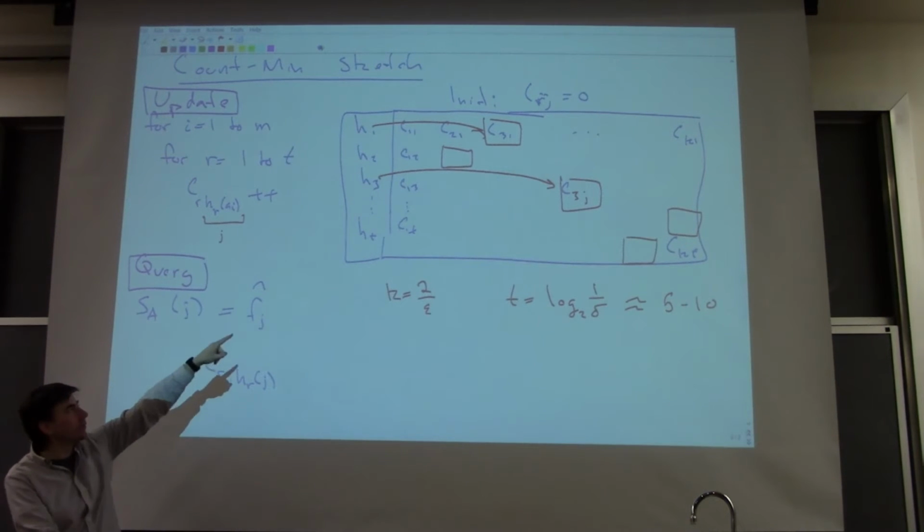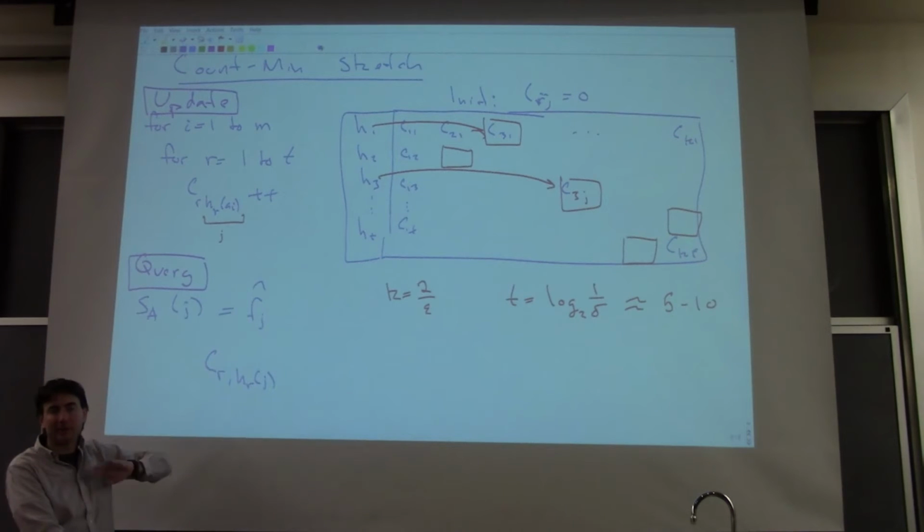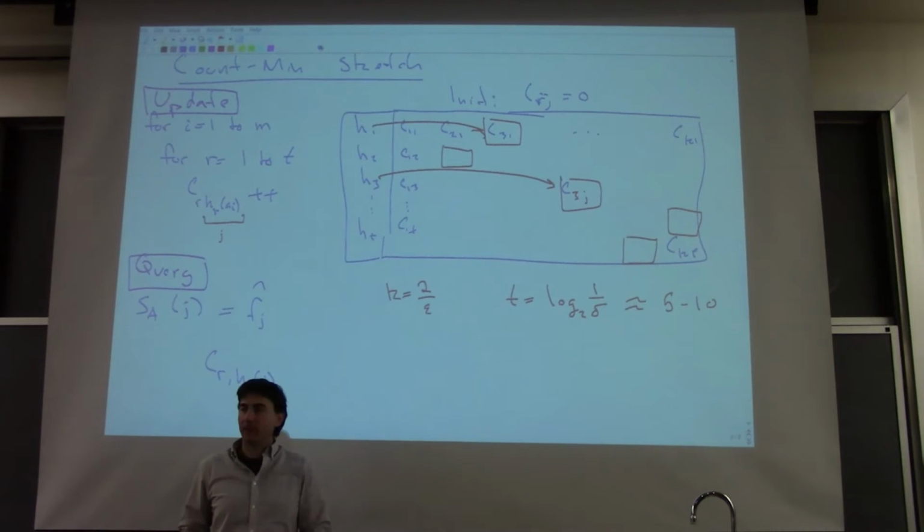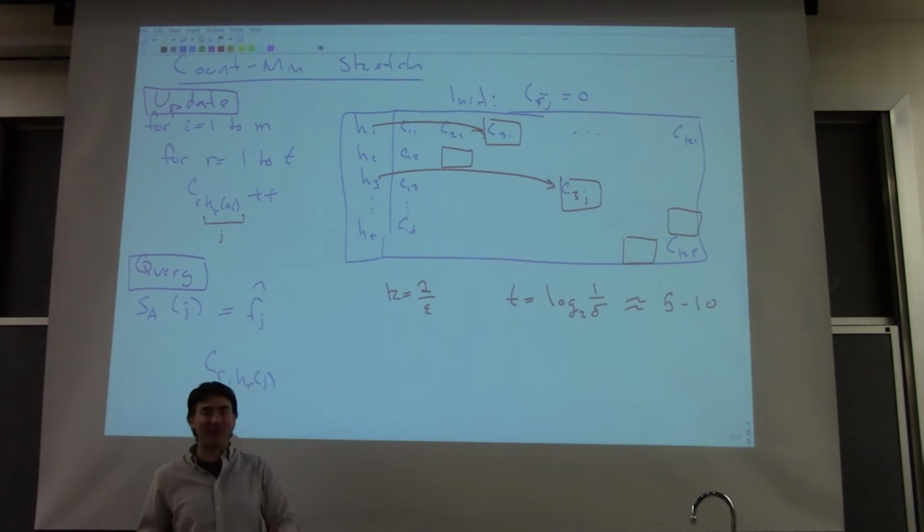So I can index into those right counters, and then I somehow need to average them or something, right? Is average the right thing? Minimize. Where should you find the minimum? The minimum, good. Right from the title of the sketch, right? Yes, it turns out you actually want to find the minimum.